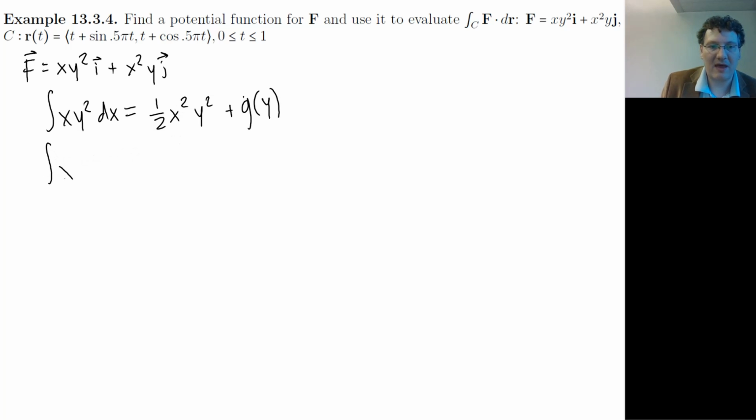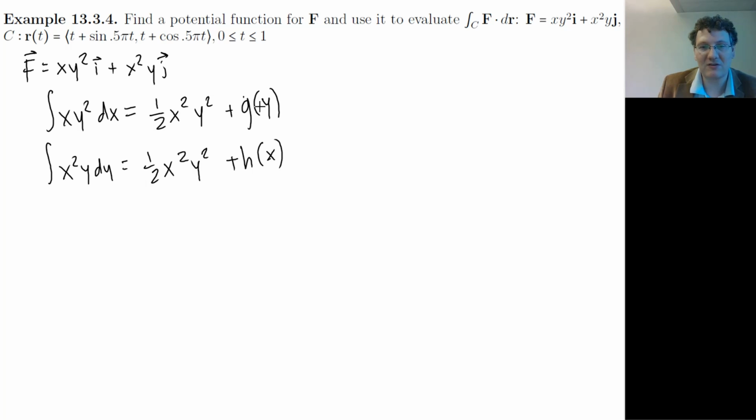And the integral of x squared y dy is 1/2 x squared y squared, okay, plus some function of x. But it turns out that my function of y and the function of x must be zeros, or a constant, right? Because any g of y that has any y's in it couldn't exist because that would have to be here someplace. The only thing that's missing is a function of only x. So f of x y, I'm going to use 1/2 x squared y squared.